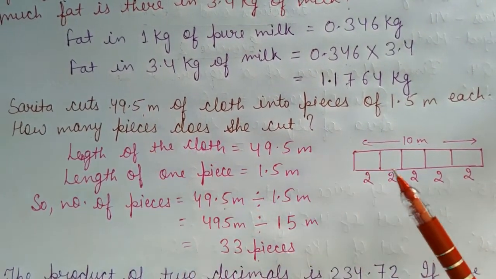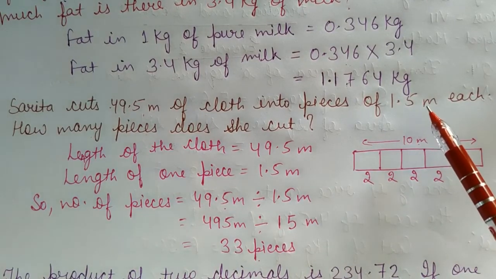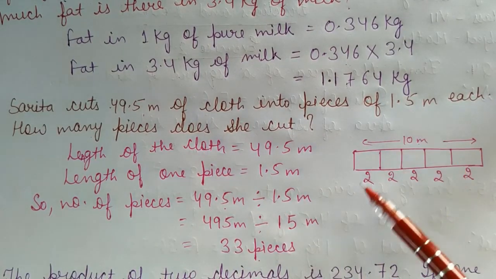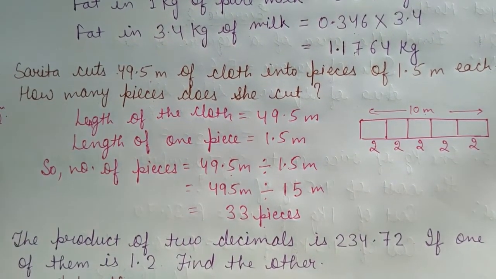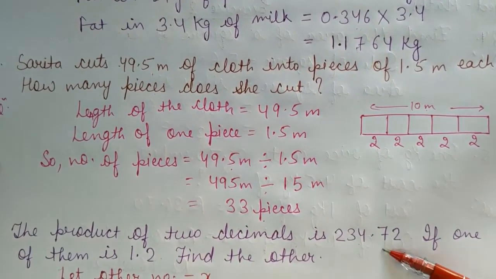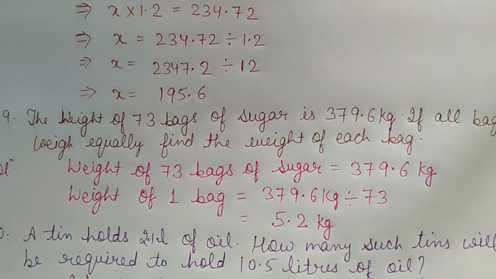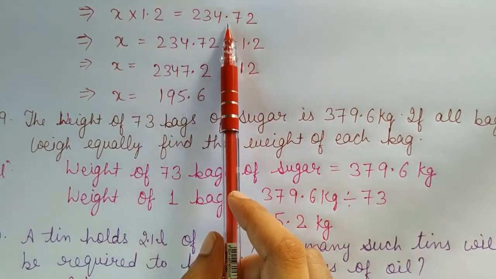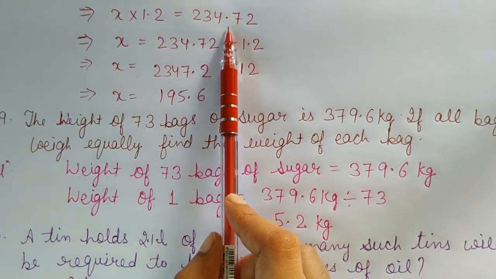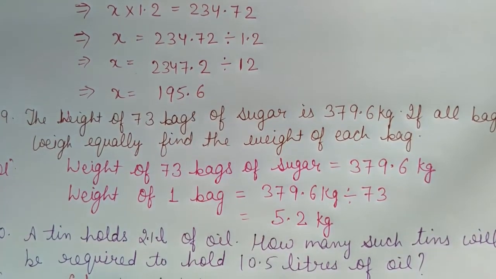We have to divide it into many pieces and each piece must be 1.5. So we also have to divide in this question and we get 33. The next question: the product of two decimals was given. One number was also given. We have to find the other. So according to the question we have found x multiplied by 1.2 will be equal to 234.72. In this way we got the answer 195.6.